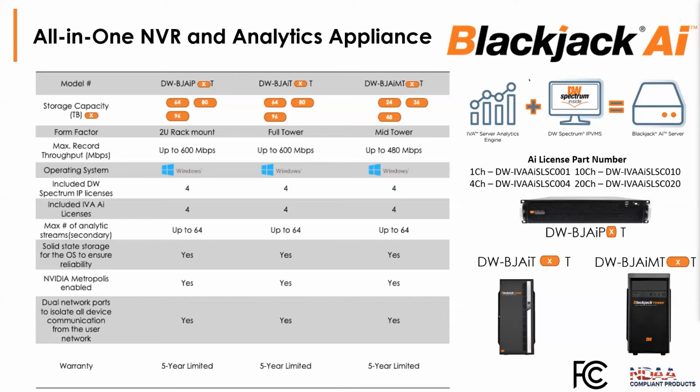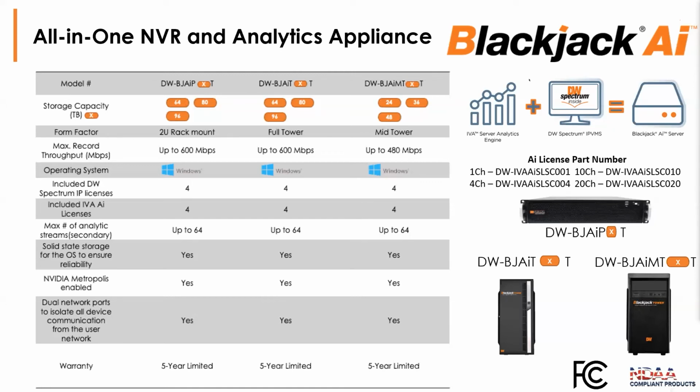Now, one big question that's always come up is the licensing. How does that work? So keep in mind, in Spectrum, you have a recording license. You will still need a recording license. When you are wanting to use an AI camera stream, you will need a license per stream. So understand, if you have a multi-sensor, for instance, you will need a license for each one of those streams.